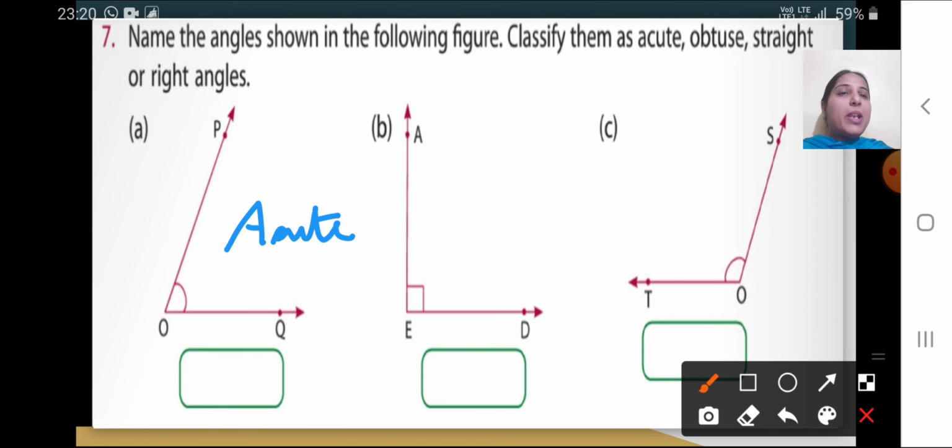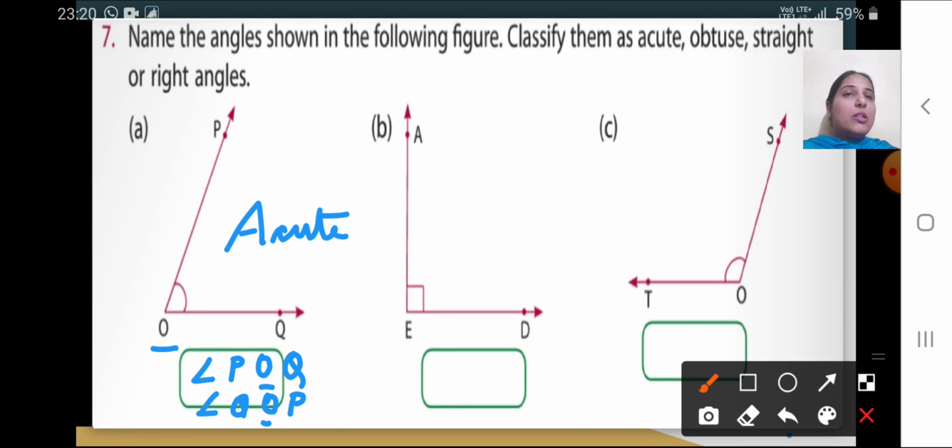And how will we name it? It will be named as angle POQ, or it can also be named as angle QOP. You have to just remember that O is the vertex of this angle. This should be in the middle. Always the vertex should be in the middle.